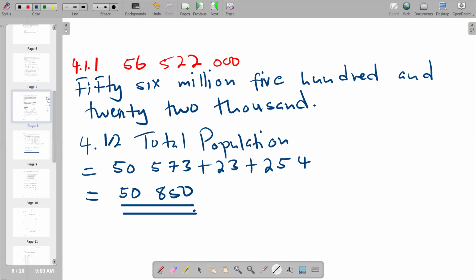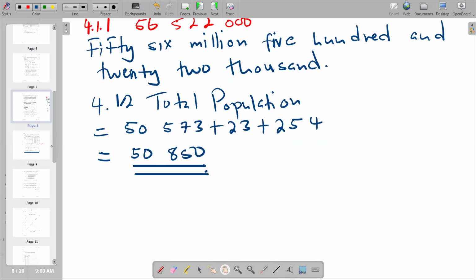So you are going to get your 50,850, which is the figure that we are verifying. So that is what we have for 4.1.2.